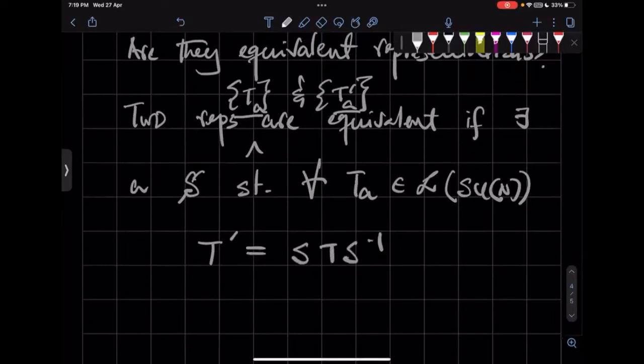Okay. If that is the case, then the two representations are equivalent, and there is a straightforward transformation between them.